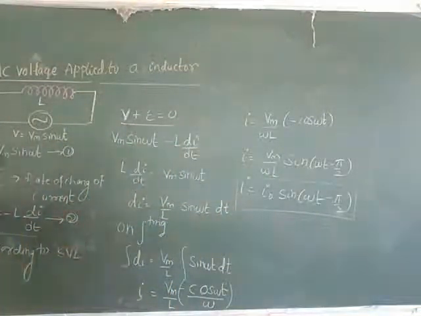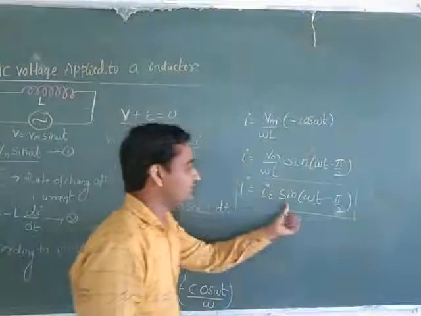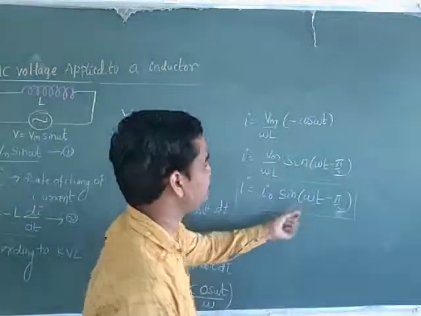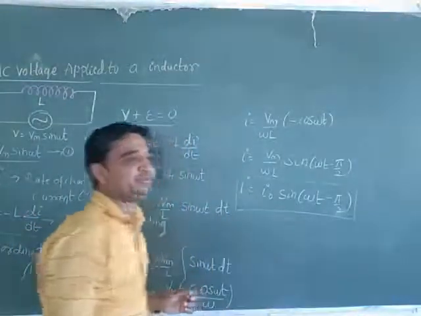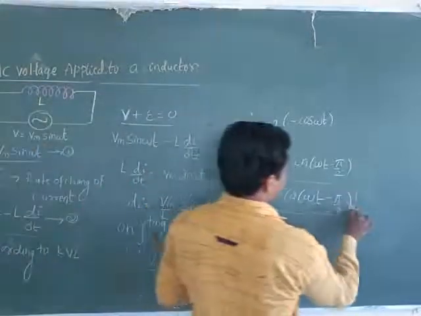The AC voltage applied to the inductor is V is equal to Vm sin omega t, and this is the expression for the alternating current applied to the inductor, right? So what is the phase difference you can observe here from equation 1 and equation 3?